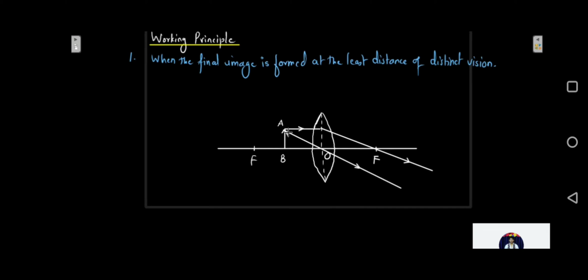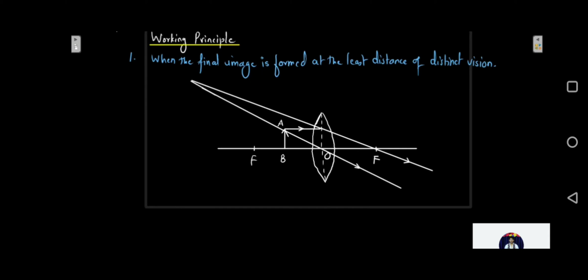If you produce this line backwards, you are going to get the image right there behind. So this is going to be something like this.